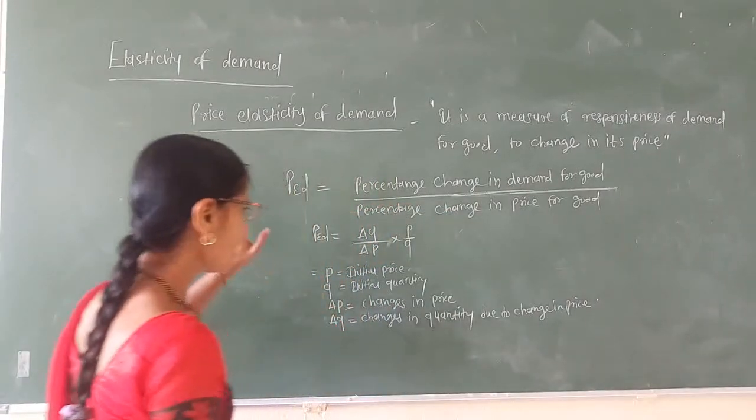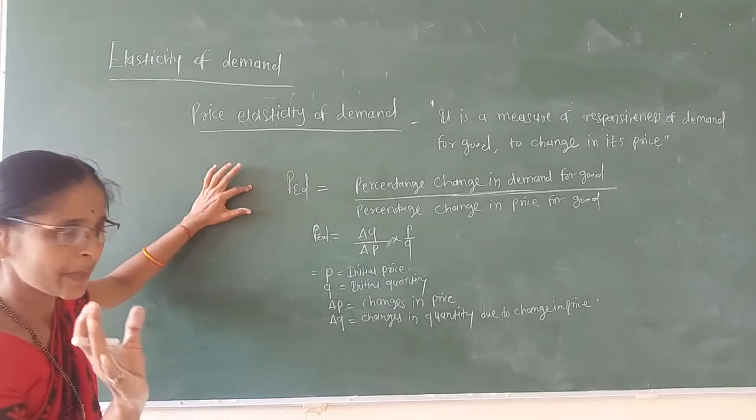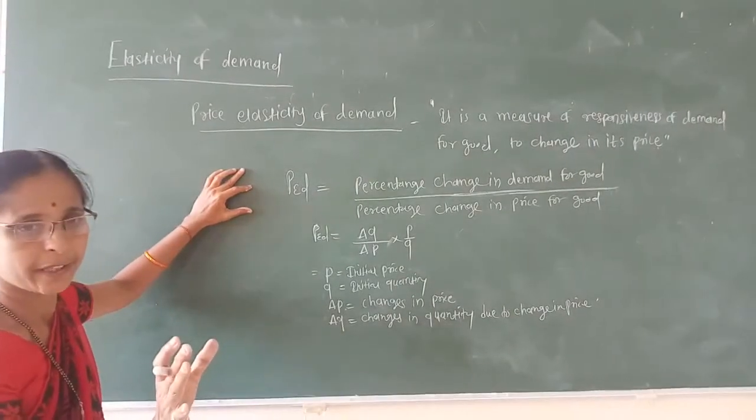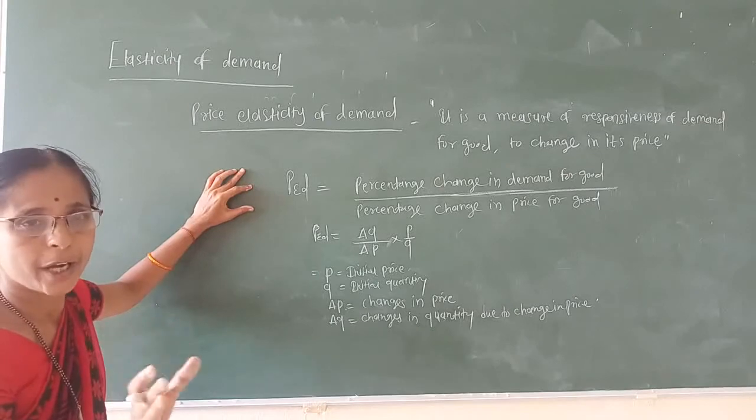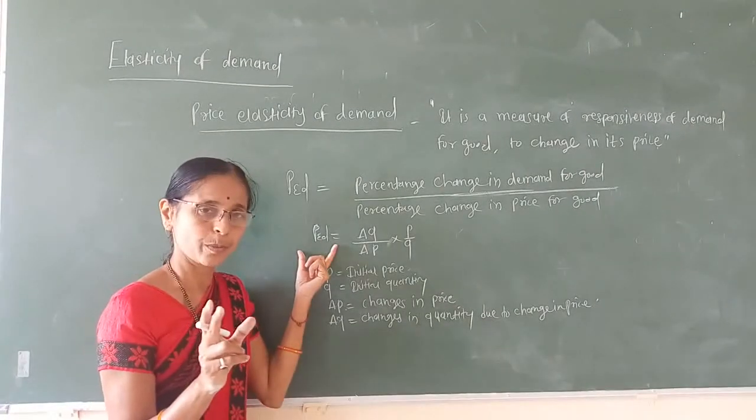See students, if we wanted to calculate the price elasticity of demand, means if we wanted to calculate the changes in demand due to the changes in price, then we should use this formula.